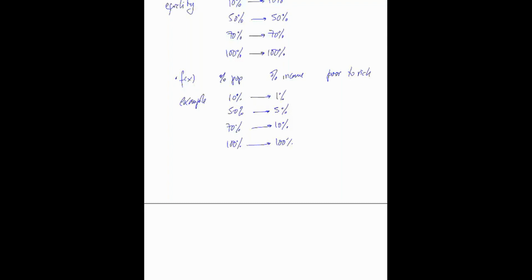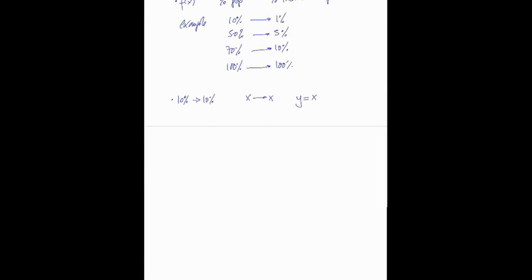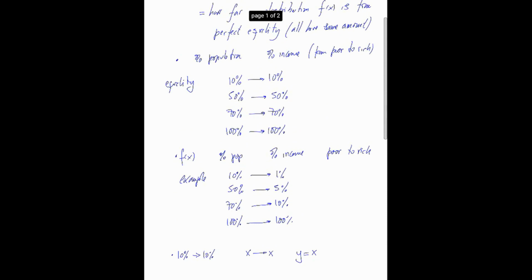A perfect distribution is when everybody has the same, so 10% is 10%, and in general, X percentage of the population has X percentage of the wealth. So it is the curve y equals x. In mathematics, percentages are given by numbers between 0 and 1.